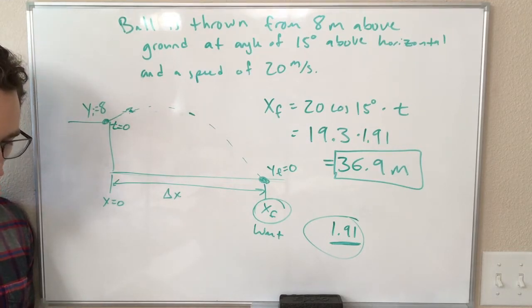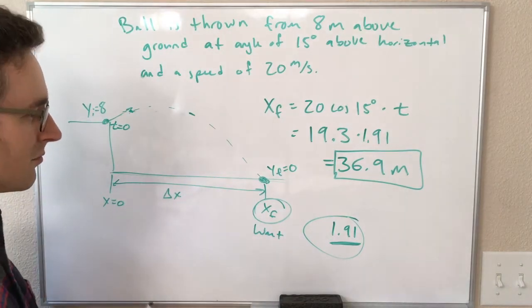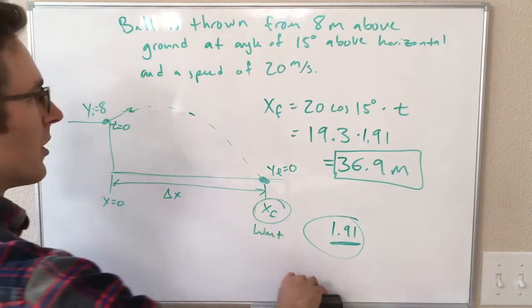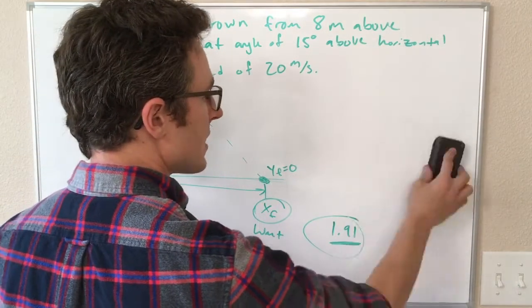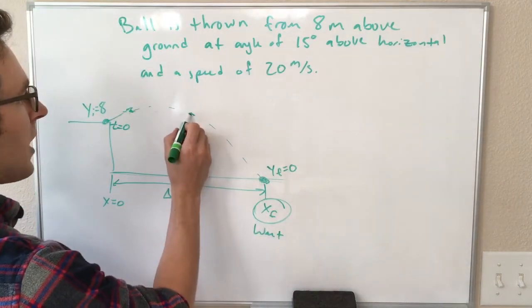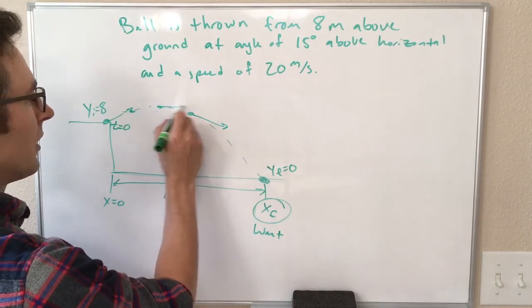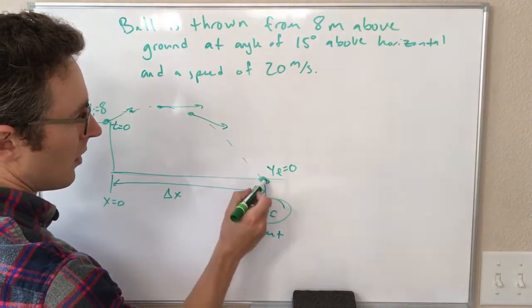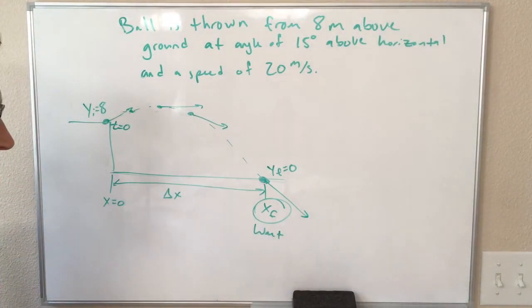So this has been a pretty good introduction to what's going on in this problem. As a post problem exploration, I wanted to look at one other thing, and that is looking at the velocities. So we said before that our velocity vector is tangent to this arc at every point, right? So when it's down here, our ball has a velocity that's down and to the right.